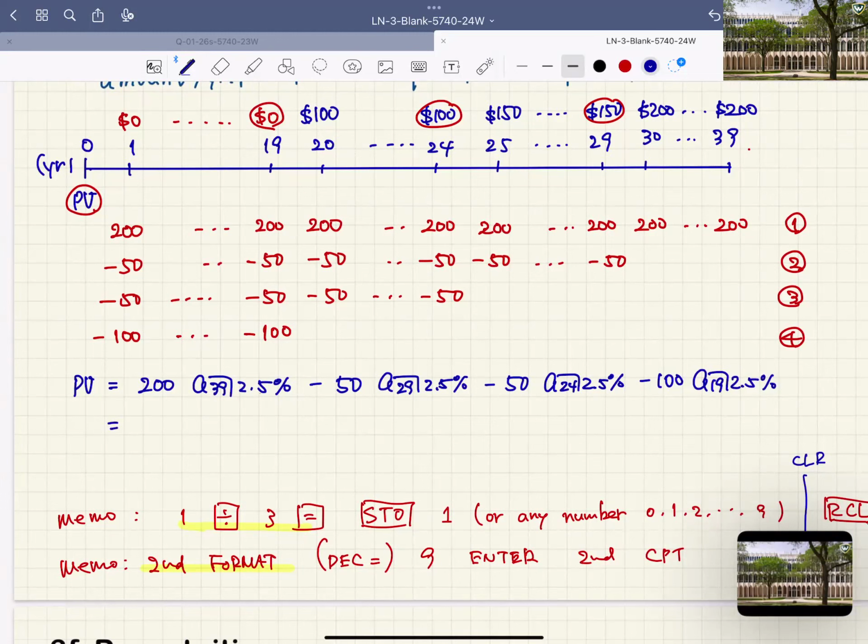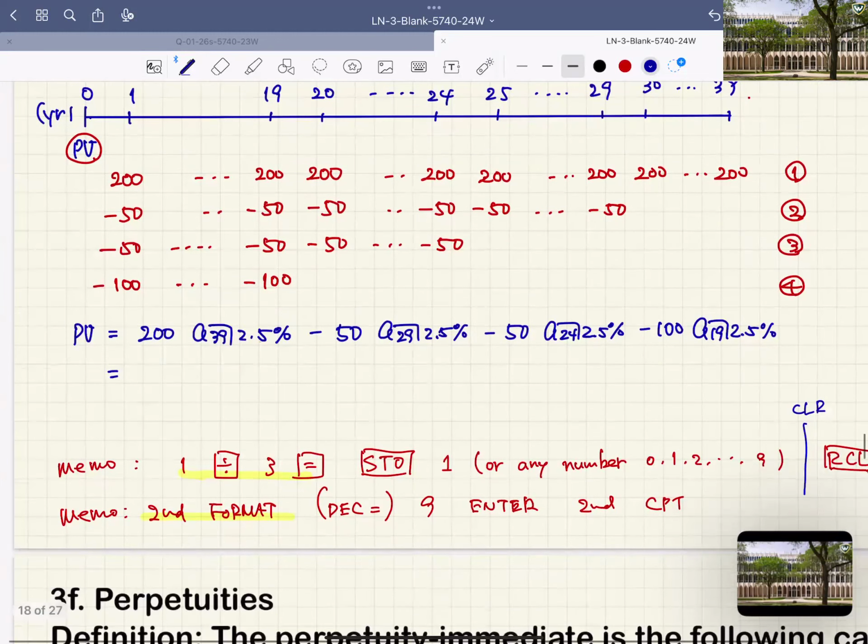Then you can calculate this as, yeah, I don't have the intermediate results, but this becomes $1,531.25.